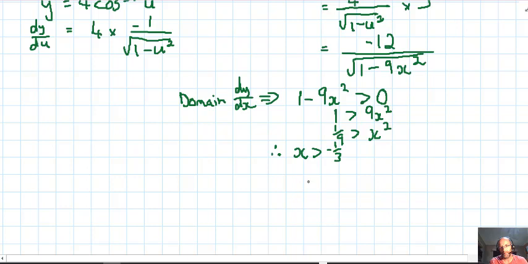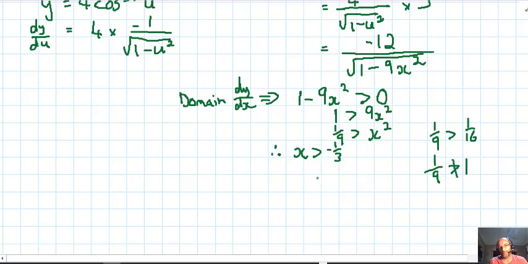Okay, for example, if it was negative 1/4, it would make a true statement. So x must be greater than negative 1/3. If it was less than negative 1/3, say negative 1, you'd be saying something which is not true.